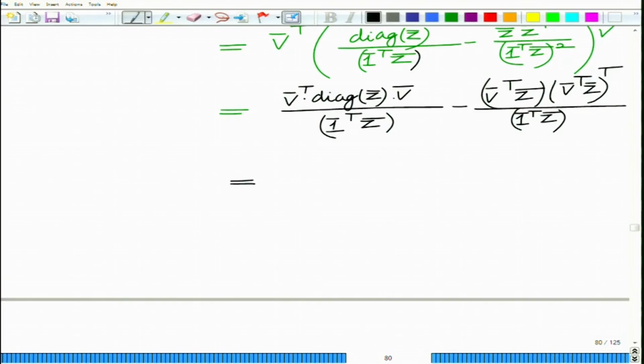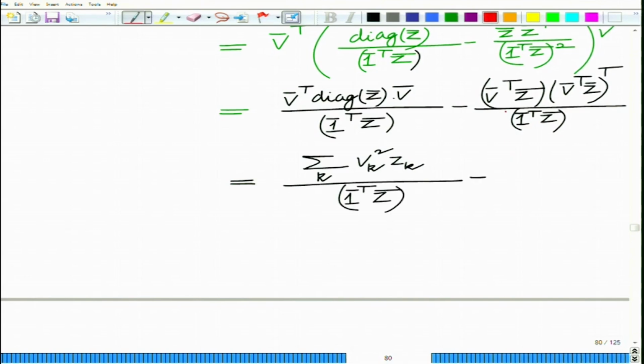Now, if you look at v bar transpose diagonal z bar into v bar, it is very easy to see that this will be nothing but the summation over k of Vk square times Zk divided by 1 bar transpose Z bar, minus V bar transpose Z bar square, which is summation over K of Vk Zk whole square divided by 1 bar transpose Z bar whole square.